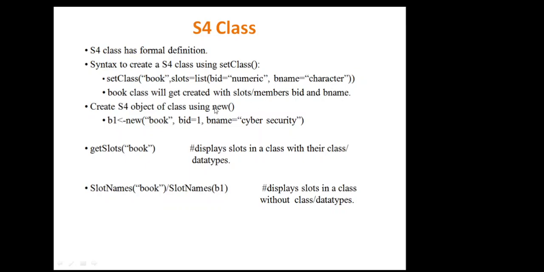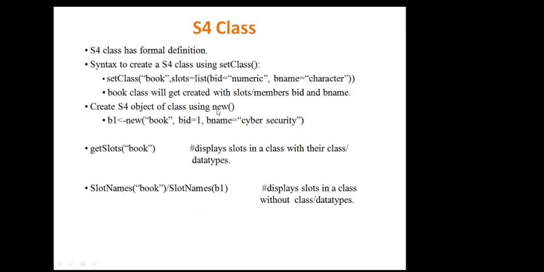So while creating an object for the book class, which is an S4 class, we need to enter values for two slots, BID and BName, and the data type of BID is numeric. That's why we have to pass numeric data for BID, and we have to pass character data for BName.